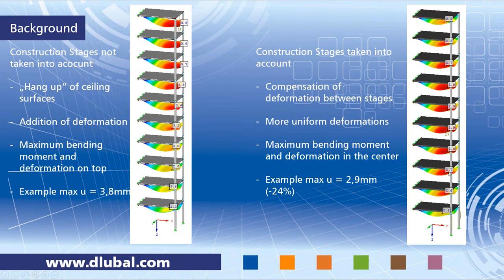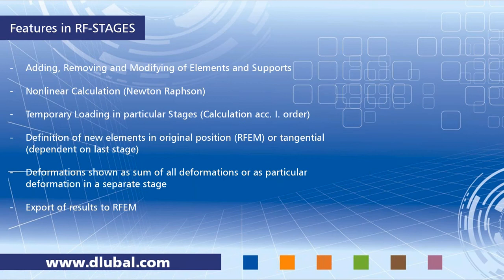So with this information about the construction stages calculation, we want to take a look at the features of our stages in the next slide. What are the features of stages? Of course, you can add and remove elements.